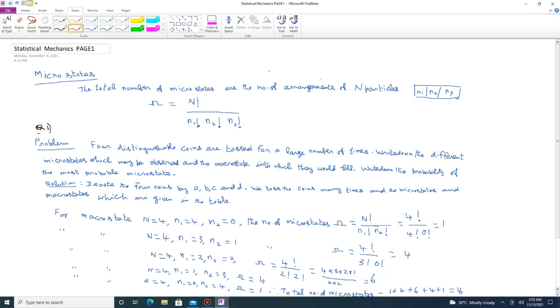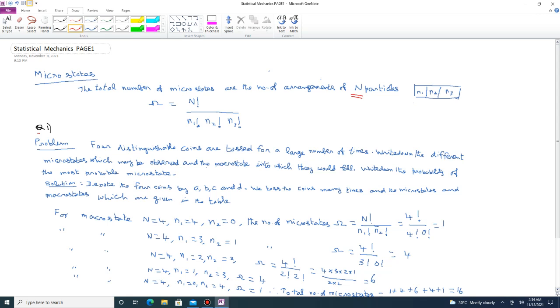Now, the total number of microstates is the number of arrangements of N particles. So suppose we are considering N particles, capital N, and let us consider cells, and all the N particles are placed in various cells.